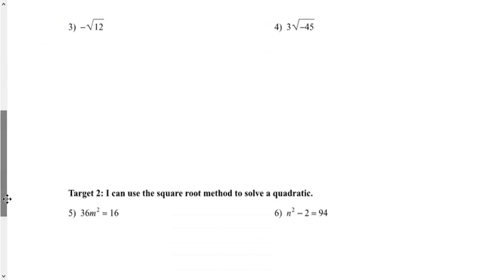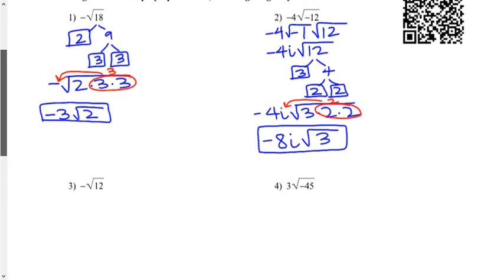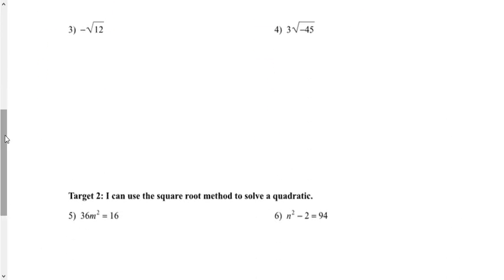For number 3, negative square root of 12. Very similar to the first one and the second one. I have no negatives under the square root, so I'm just going to start by breaking this down. I'm going to do 4 times 3 this time. And then 4 is 2 times 2. Now I have all these primes that I can box up. And I now have negative root 2 times 2 times 3.